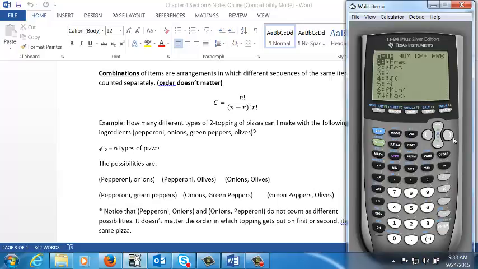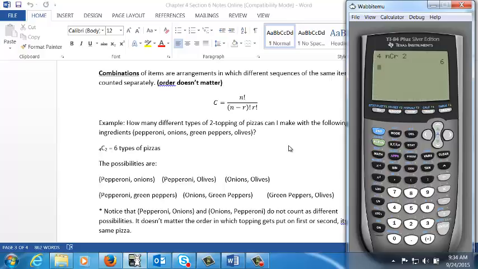Go to Math, Probability, nCr. That's your combination, and that'll actually complete this for you. And you have your mathematical definition here with your factorials if you want to use it. So if we put in the number of items to begin with, Math, PRB, combinations, and how many you're choosing. So 4 toppings, choosing 2, order doesn't matter, hit Enter, and once again we'll get that same answer.